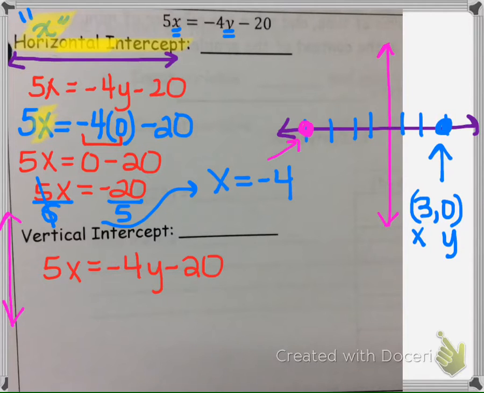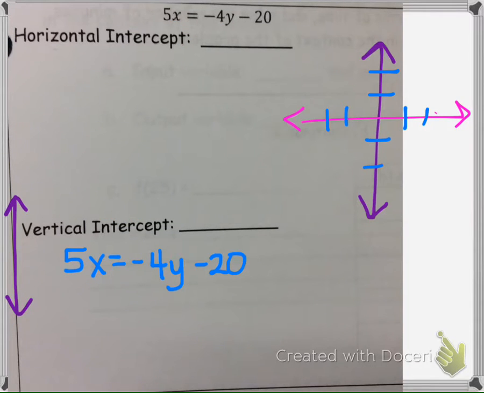The x value is -4. So as an ordered pair, we would put -4. X always goes first, and since x is -4, it crosses at -4. And then the y right here was 0. So that's why we're putting the 0 second, because y goes second.